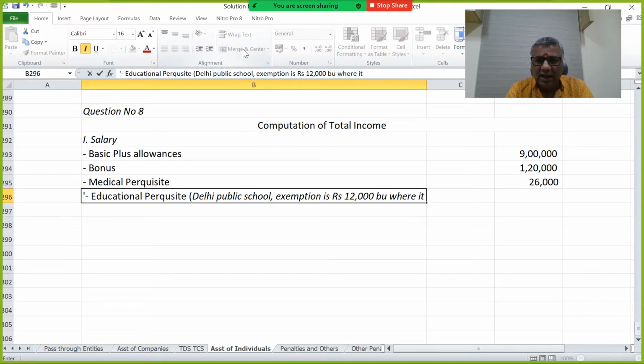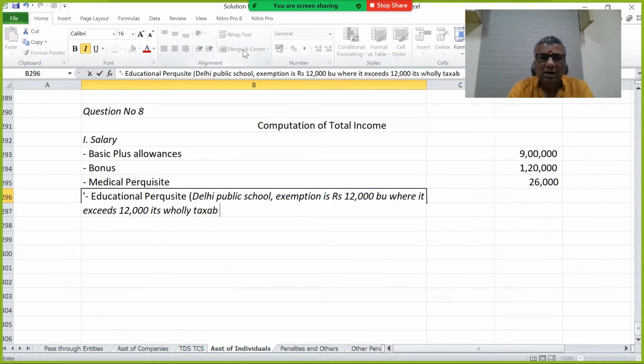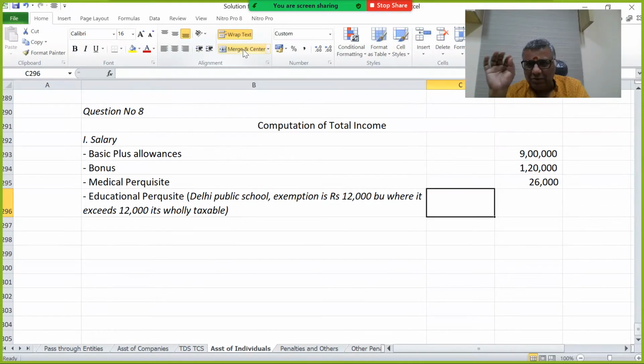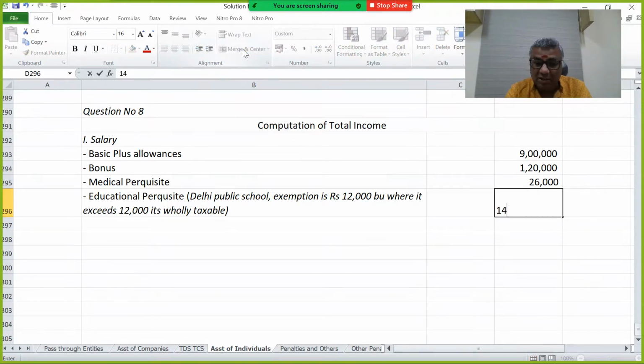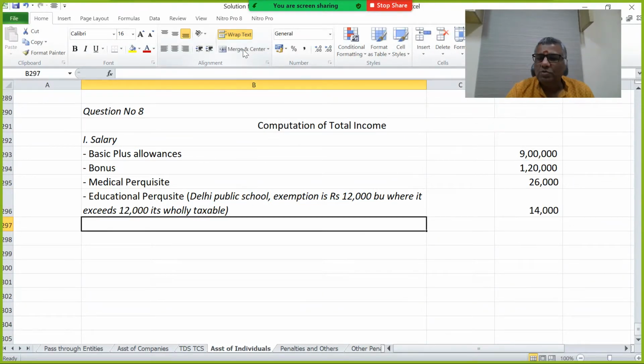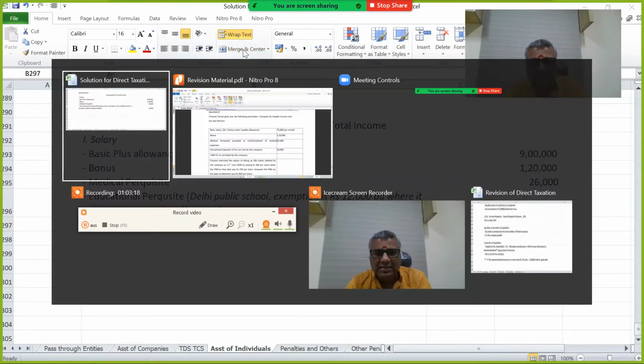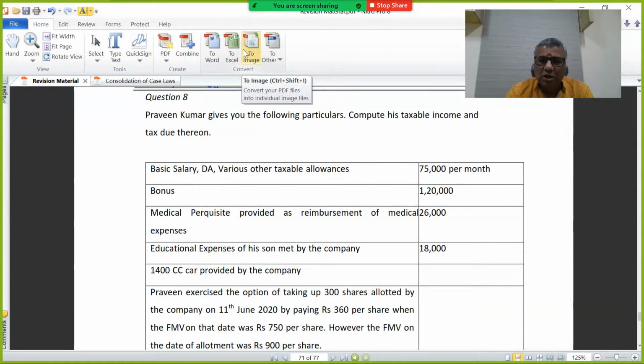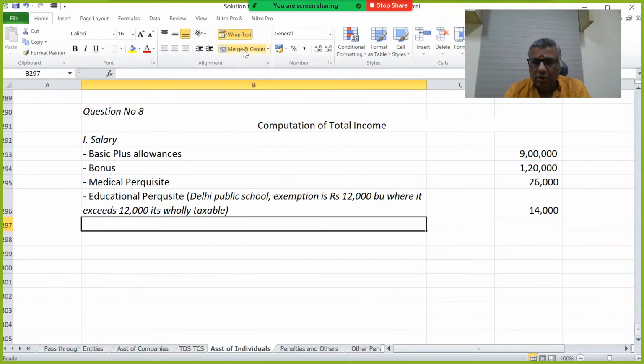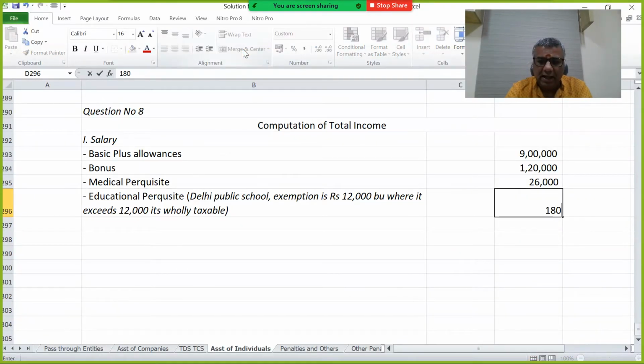Where it exceeds 12,000, it's wholly taxable. Okay, it's not exempt up to 12,000. If it exceeds 12,000, it's not like a gift. It becomes wholly taxable. In this case, it has exceeded 12,000. Sorry, 18,000. Okay, so it is wholly taxable.